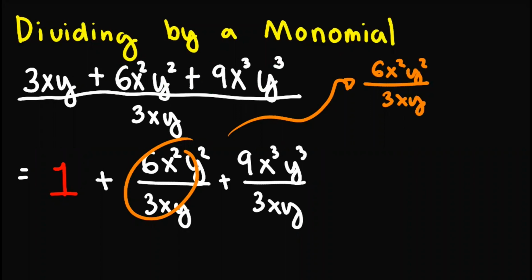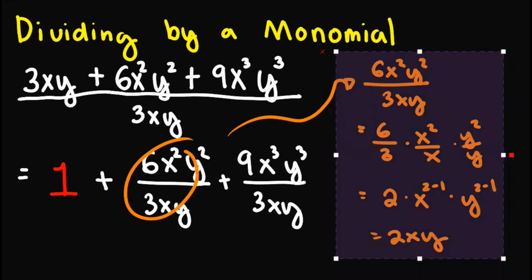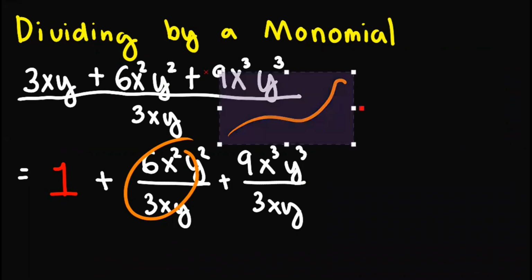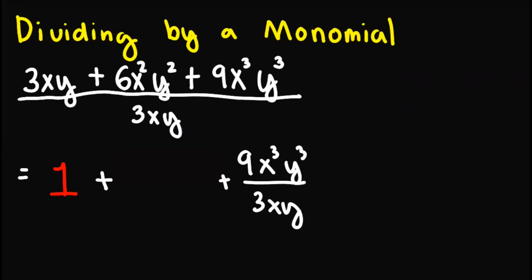We can write this as 6 over 3 times x squared over x times y squared over y. Simplifies into 2 times x raised to 2 minus 1 times y raised to 2 minus 1, which is simply 2xy. So we replace this one out here with 2xy.